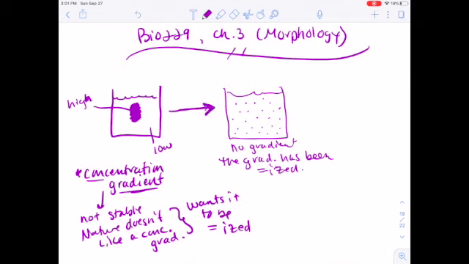When these molecules diffuse to equalize the gradient, we say it's going down or with the gradient. Kind of like you're going downhill.